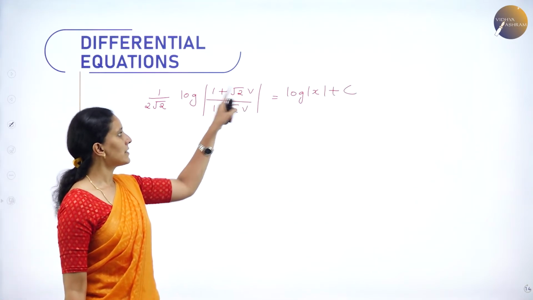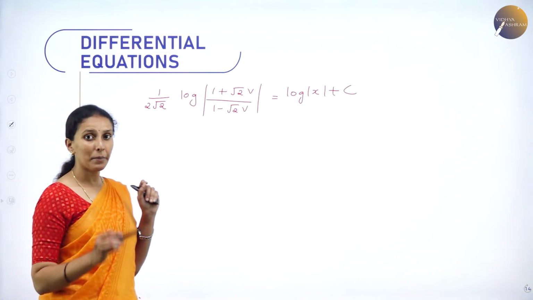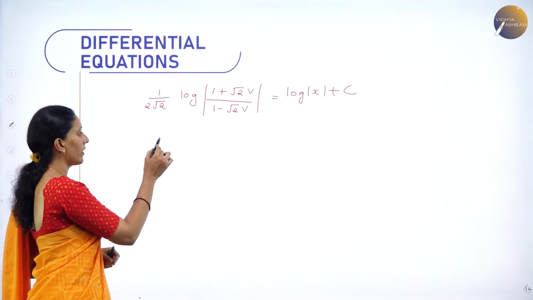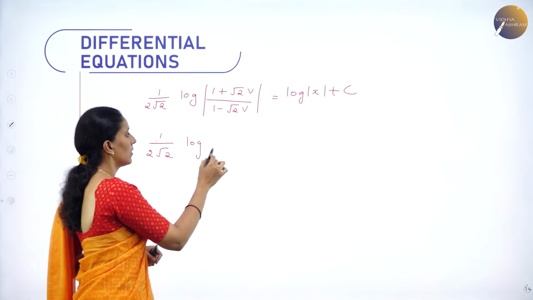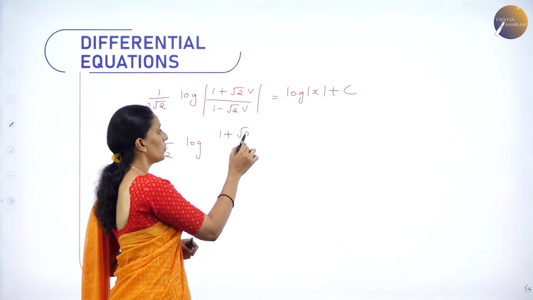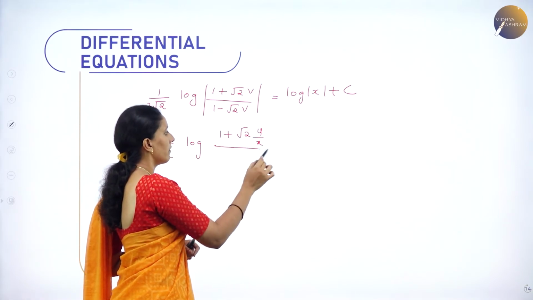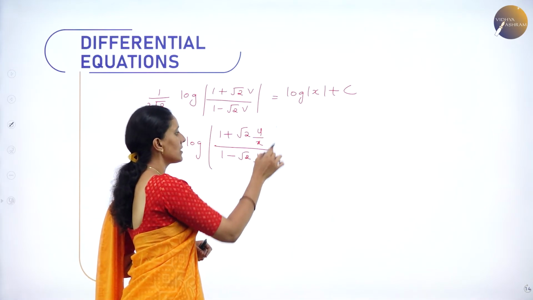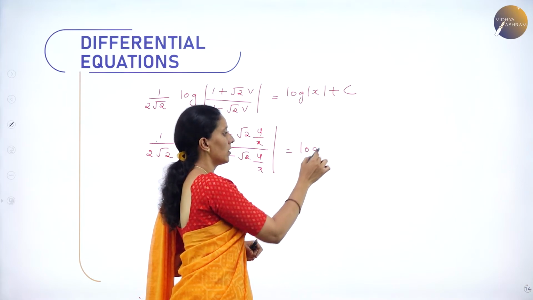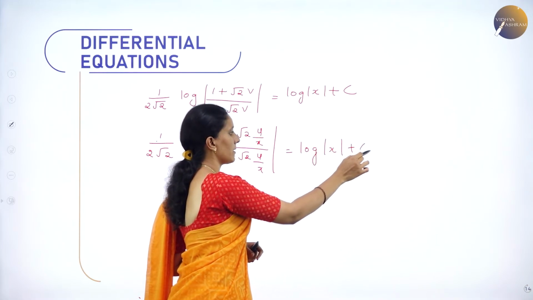Now just replace the value of v here. V is nothing but y by x. So therefore here I can write it as 1 by 2 root 2 log modulus 1 plus root 2 y by x divided by 1 minus root 2 y by x equals log mod x plus c.